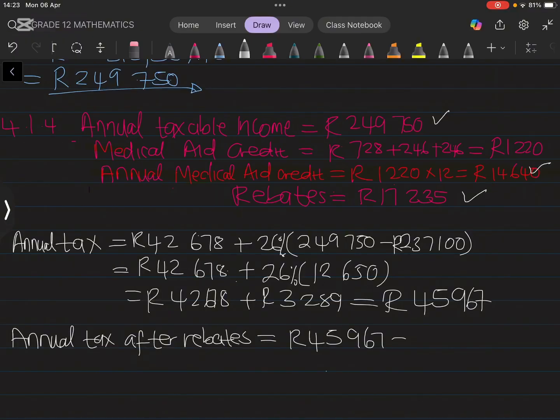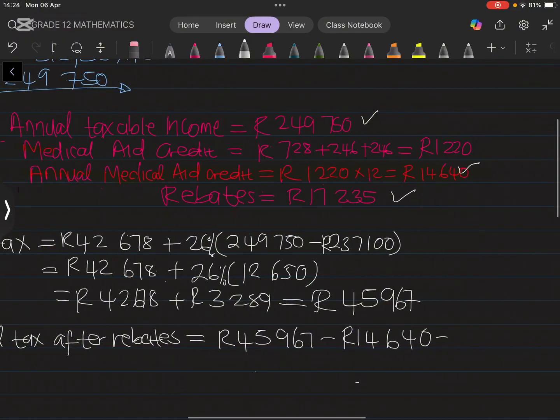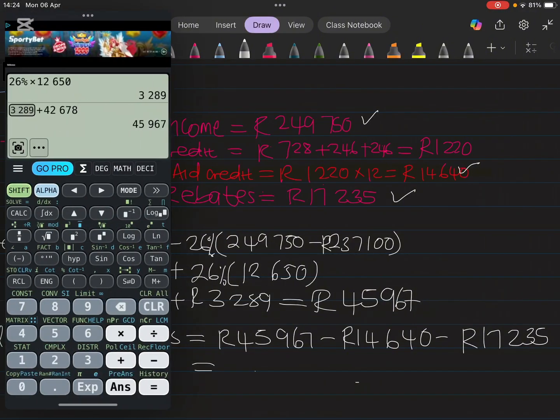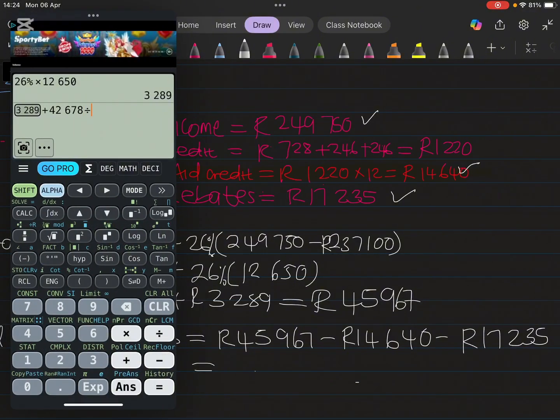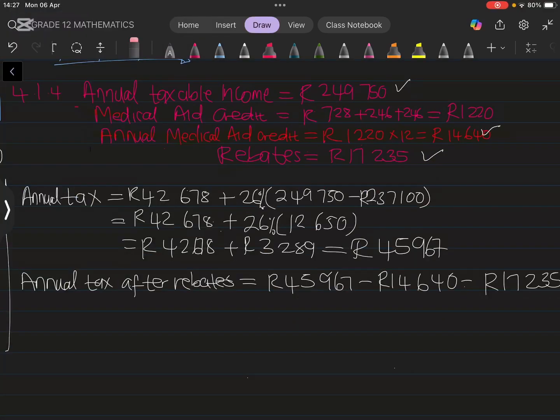We're going to subtract the medical aid credit, 14,640, and then subtract again the rebate, which is 17,235, and then that will give us an amount of what?